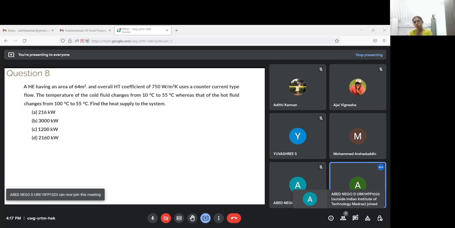When you get temperatures of the inlet and the outlet feed, the first thing you do is calculate the LMTD. So can anyone tell me how the temperature profile looks like and what is the theta 1 and theta 2? It's a counter current type.